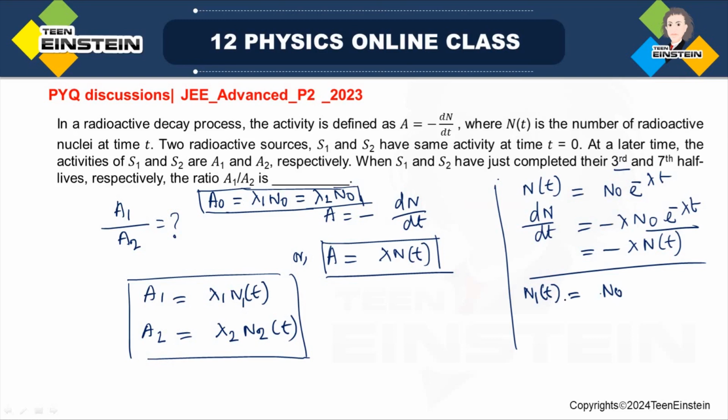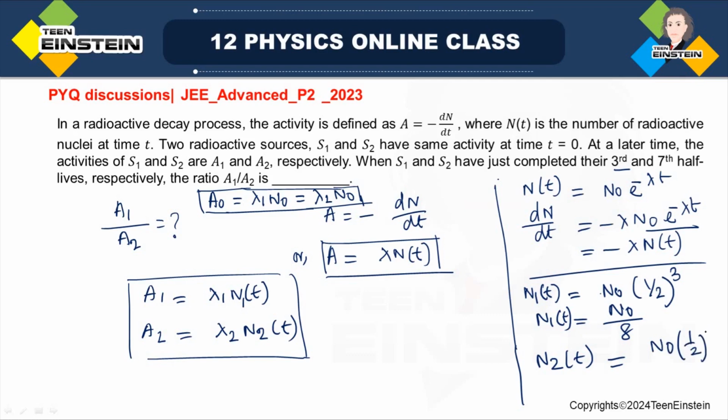So I can write N1(t) equal to N0 into half to the power 3, that will be N1 equal to N0 by 8. This is after 3 half-lives for the first sample. For the second sample, in a similar way, I can write after 7 half-lives N0 into half to the power 7, which will be N0 by 128.